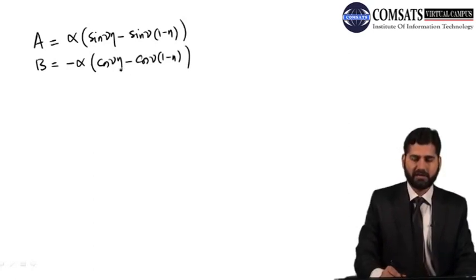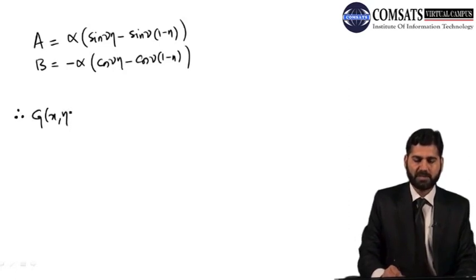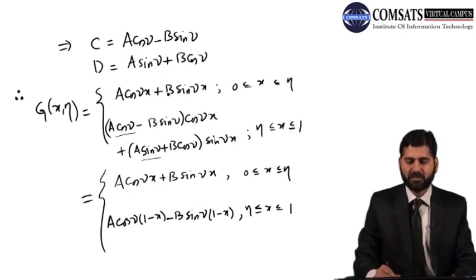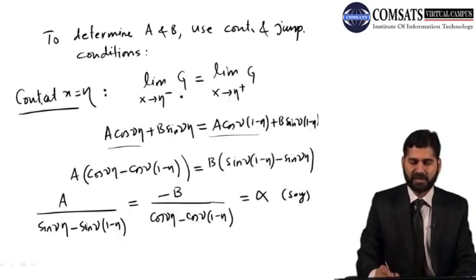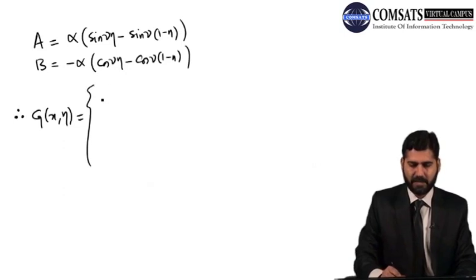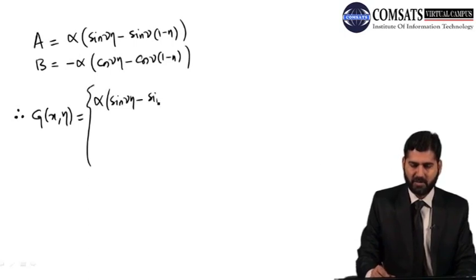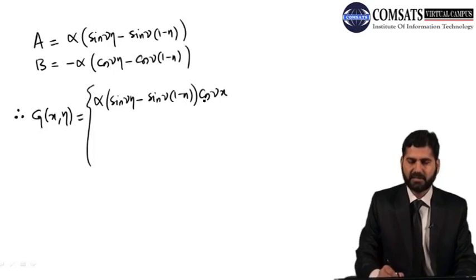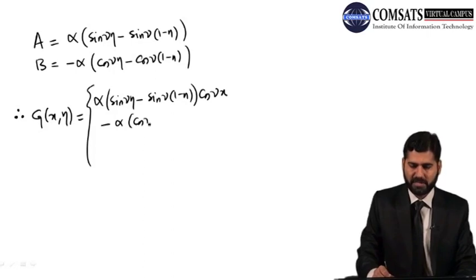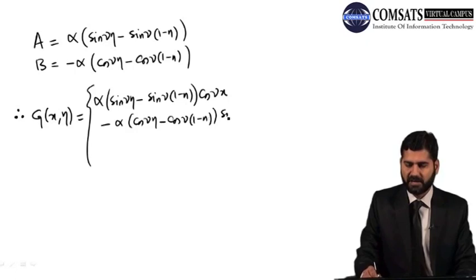So now if we substitute the values of A and B in your Green's function, you will get G(x, eta) equal to, what was your Green's function? With A it's cos nu x, with B sine nu x. So A is alpha (sine nu eta minus sine nu (1 minus eta)) times cosine nu x, plus B, and B is minus alpha (cosine nu eta minus cosine nu (1 minus eta)) with sine nu x.